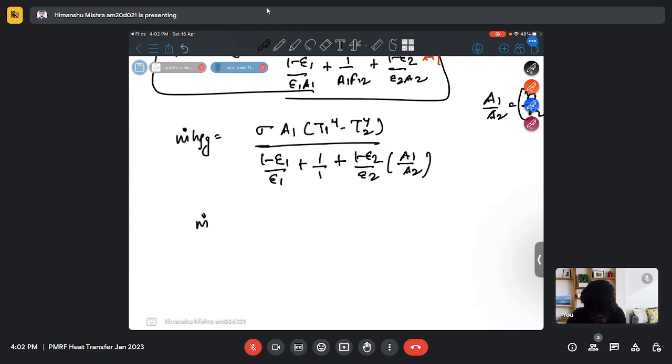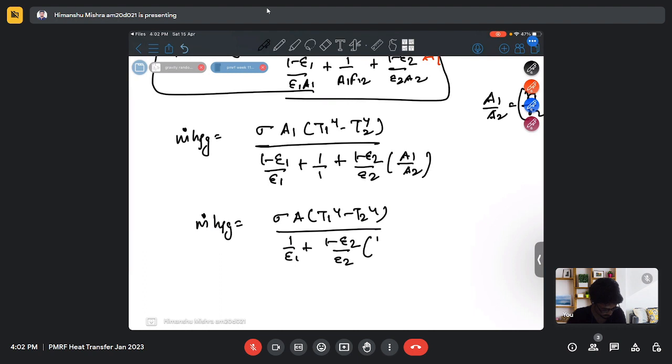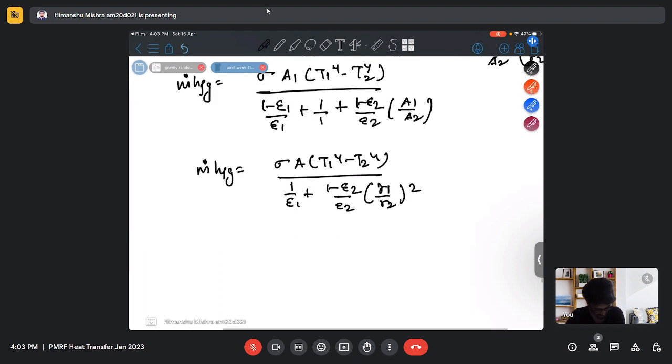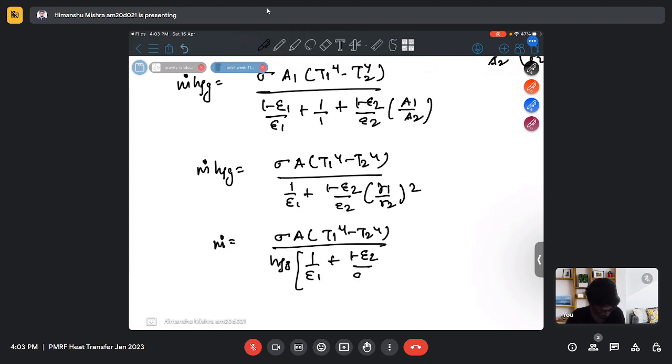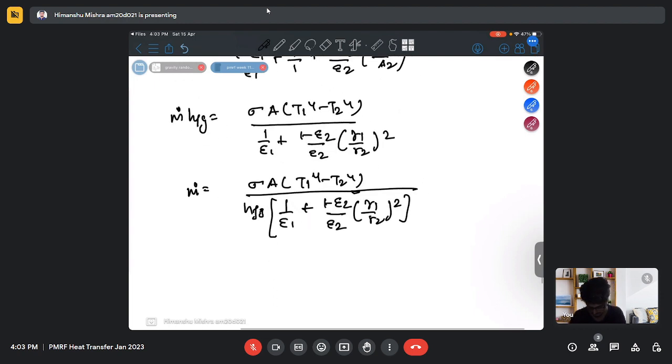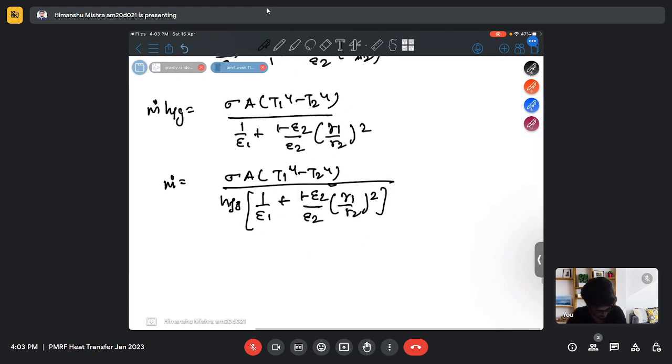So the expression becomes 1 by epsilon 1 plus (1 minus epsilon 2) by epsilon 2 times (R1 by R2) square, and my mass rate will be this. So we just need to plug in the values.